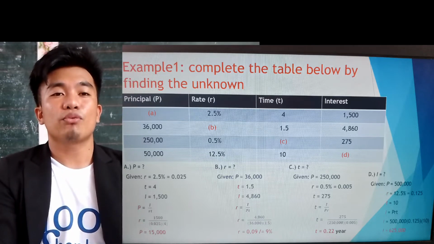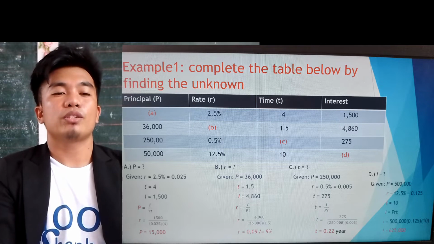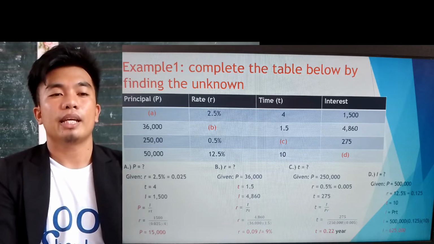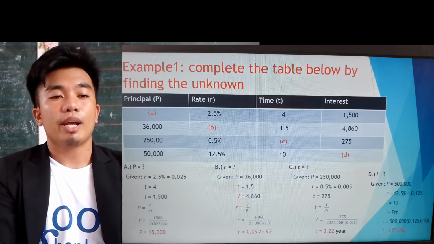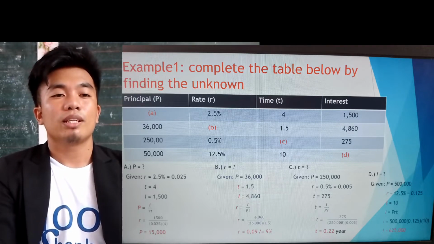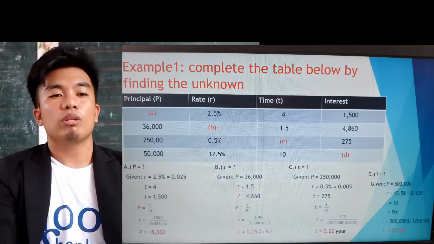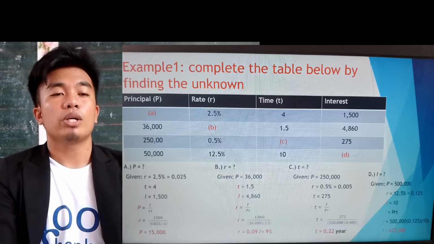Our time is 4 and our interest is 1,500. The formula we can use to find the principal is interest over rate times time. Our interest is 1,500 over our rate 0.025 times 4, the total of which is 15,000. That is our principal.